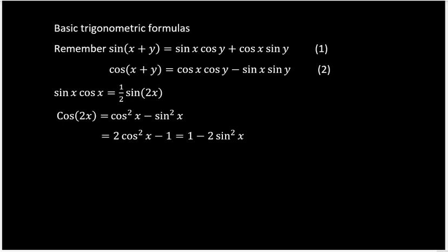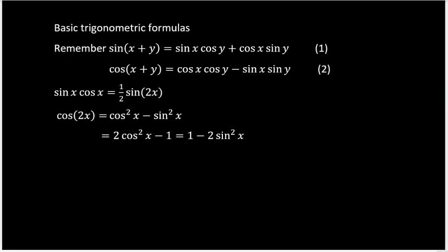Alright, so we see now sine x cosine x can be written as 1/2 sine 2x. And cosine 2x is cosine squared x minus sine squared x. And also you have seen 2 cosine squared x minus 1 and 1 minus 2 sine squared x.